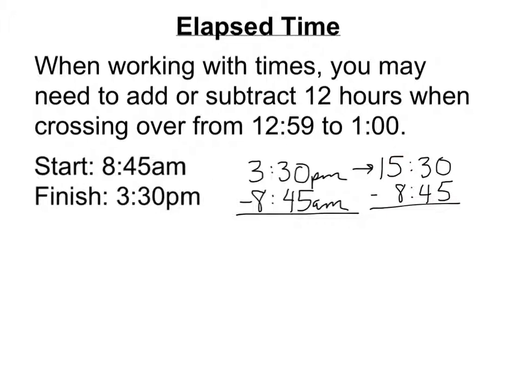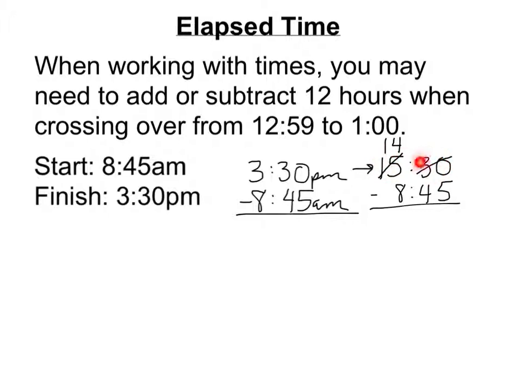So when I realize I've got a problem here, I still need to borrow, but I'm going to borrow from the hours. So my 15 hours is going to become 14 hours. But then over here, this is not going to turn into 130. We need to keep in mind that these are hours and these are minutes. So 1 hour is 60 minutes.